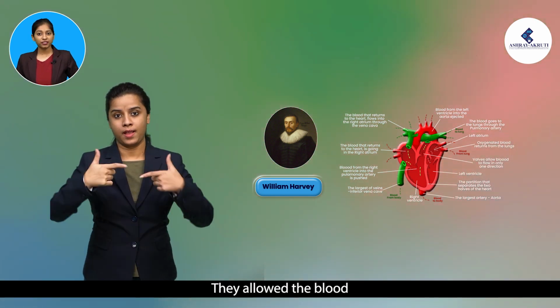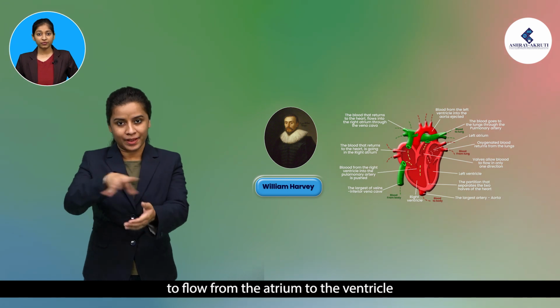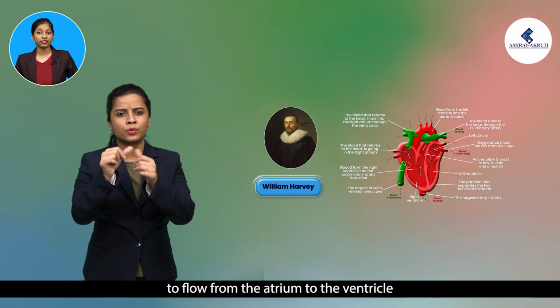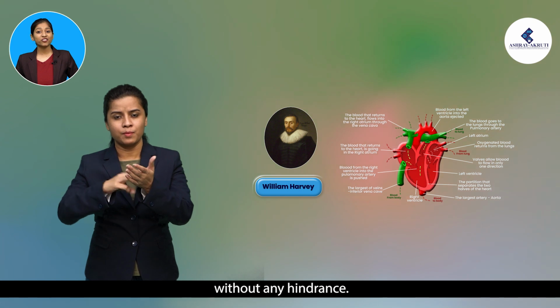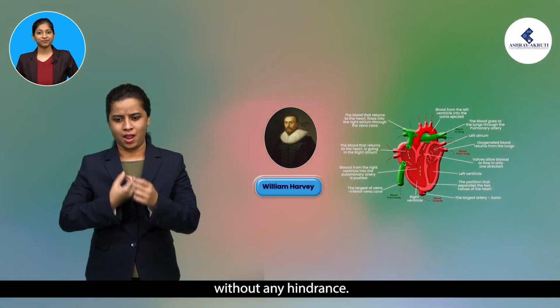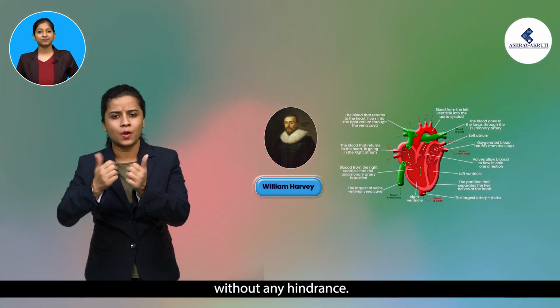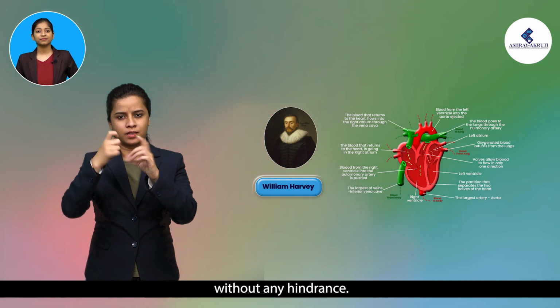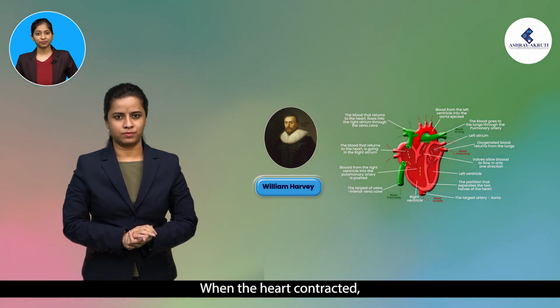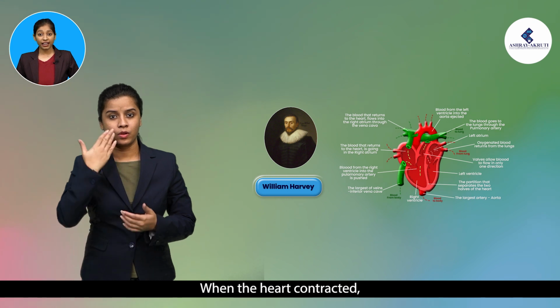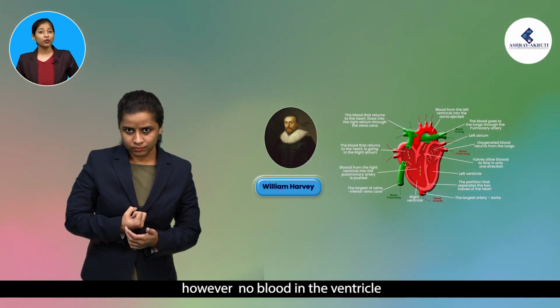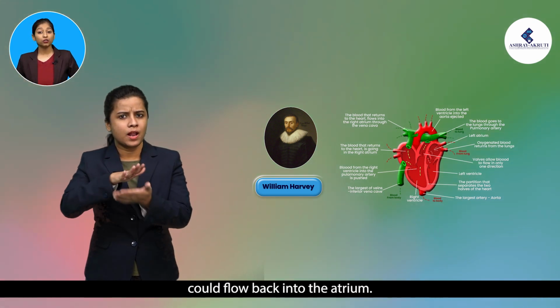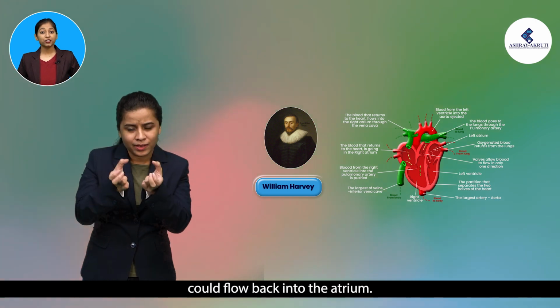They allowed the blood to flow from the atrium to the ventricle without any hindrance. When the heart contracted, however, no blood in the ventricle could flow back into the atrium.